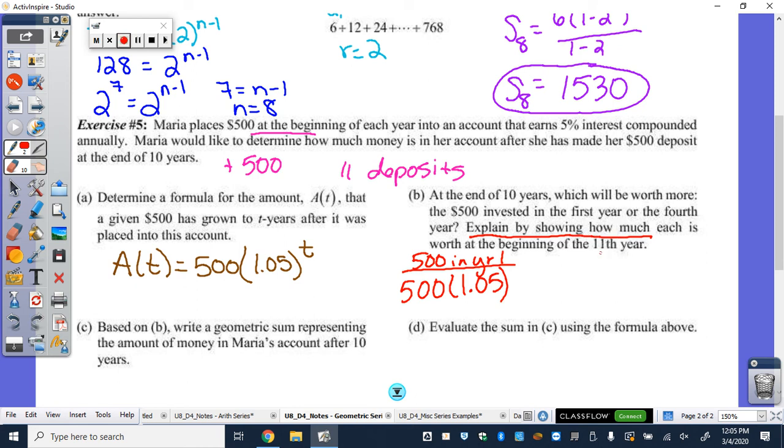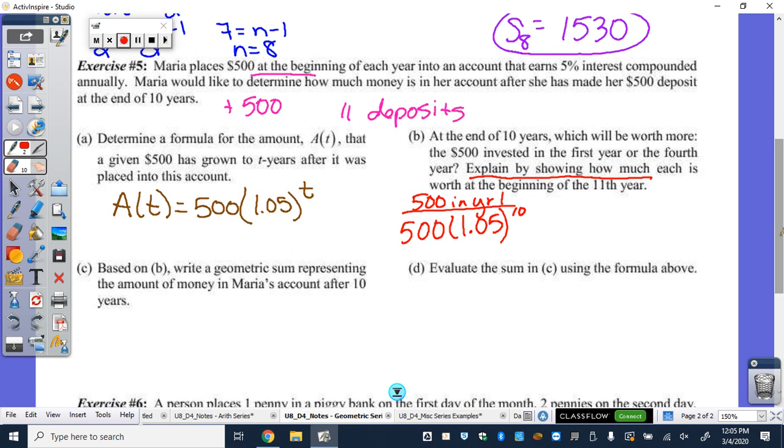No. So how many times did I earn interest? 10 times. So how much money does that $500 deposit make? $814.45. Okay.